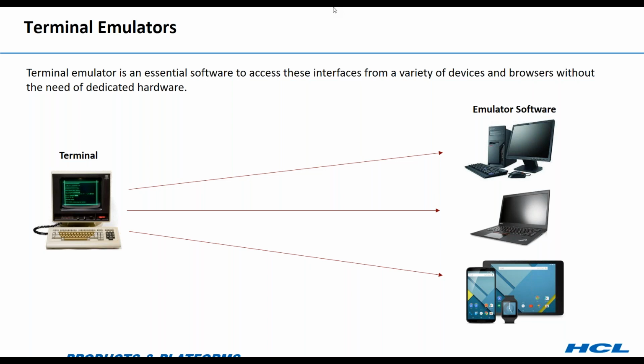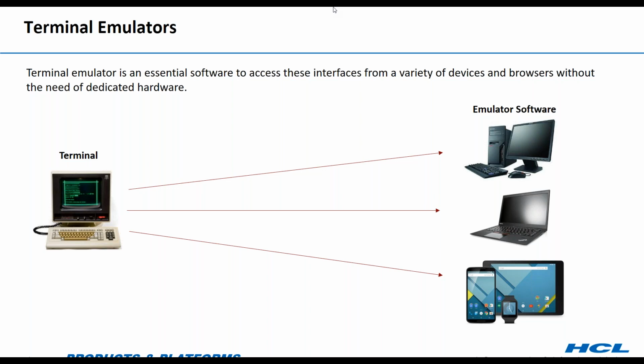Emulation software is nothing but a copy of a dumb terminal which is running on your PC or a laptop or a Mac or Android devices or iPads or tabs, on any device basically. If you can get the copy of your dumb terminal onto anything so that you can interact with mainframes, that's called an emulator.